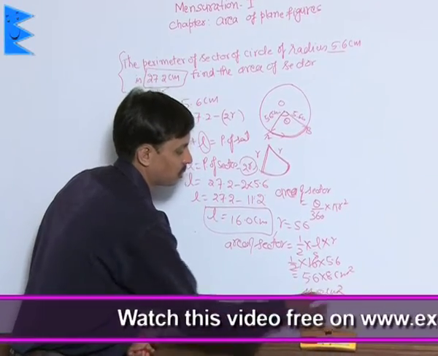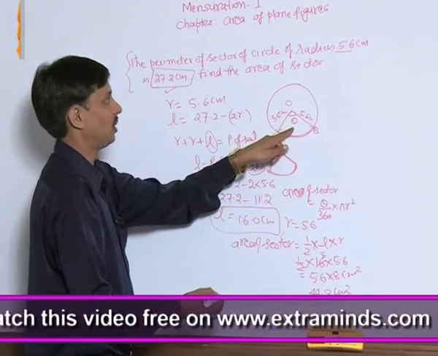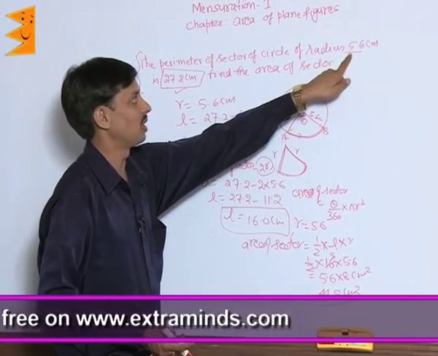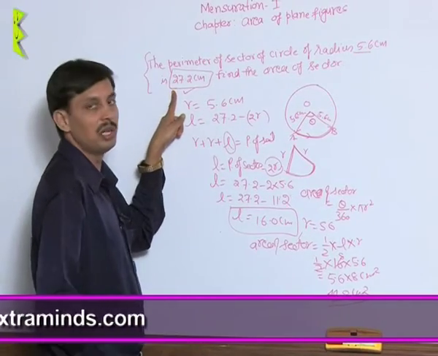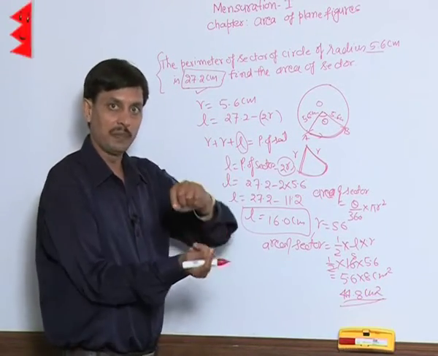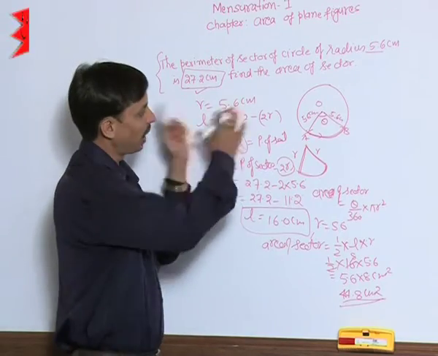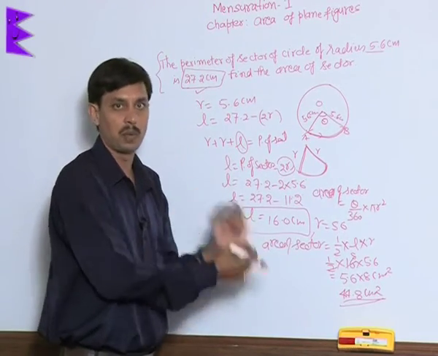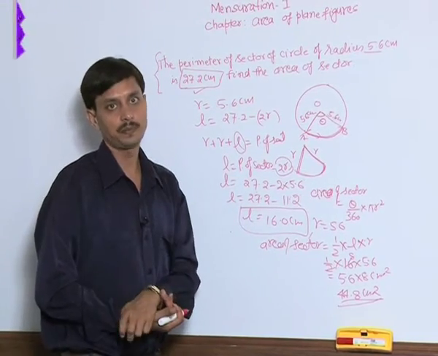So 44.8 centimeter square is the area of that sector if the radius of the corresponding circle is 5.6 and the perimeter of that sector is 27.2. So we can make use of any formula for solving the problems, very carefully.